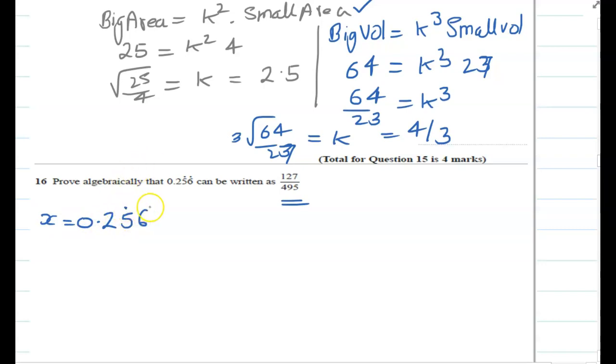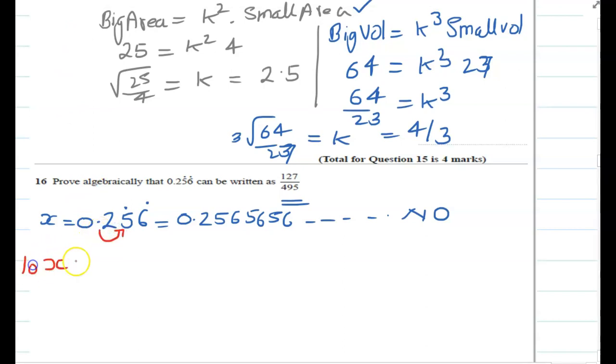Because 5 and 6 are recurring, it means you can write 0.2, 56, 56, 56 and so on. Yeah, if we multiply by 10 in this equation, the point is moving one step right. Then 10x will be 2.5 and 6.